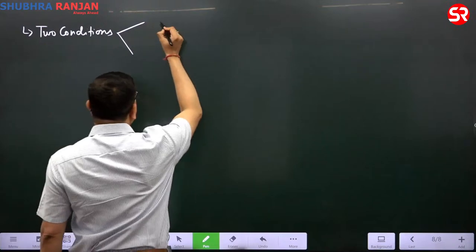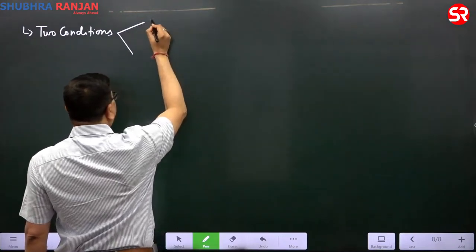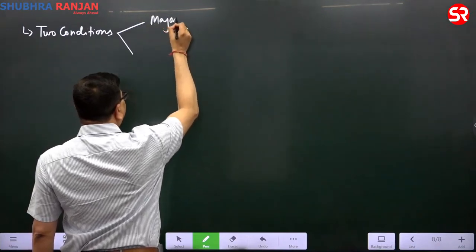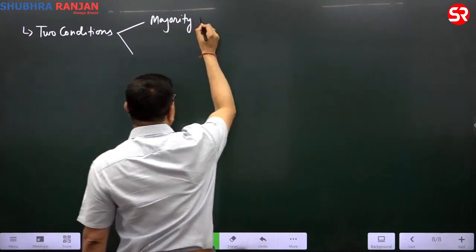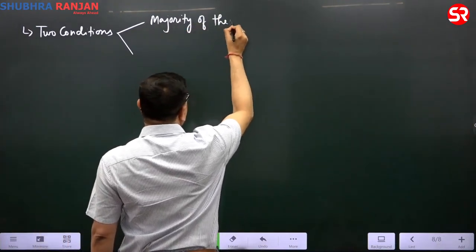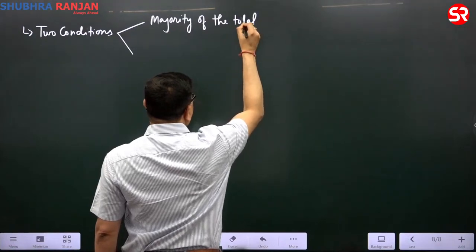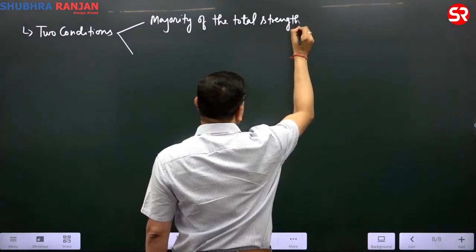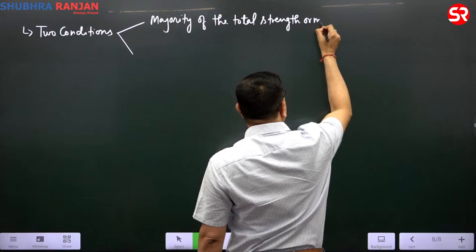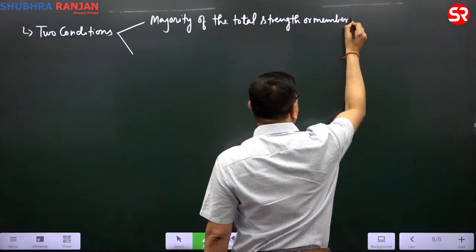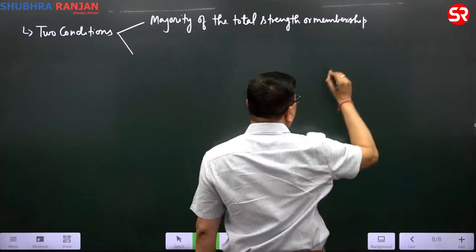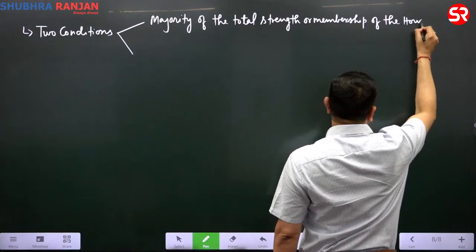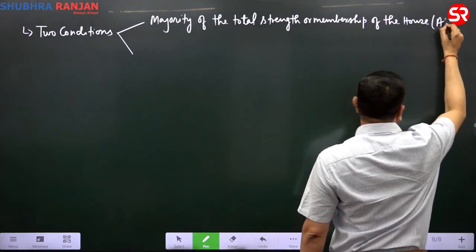First, it is the majority of the total strength or membership of the House, that is, the absolute majority.